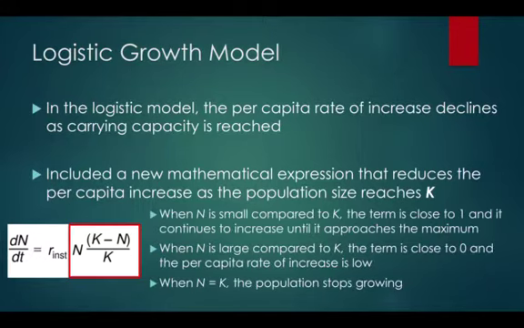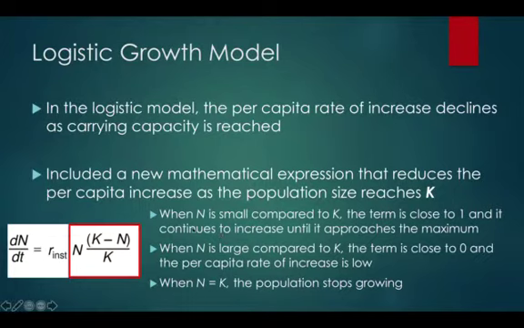So, what does this part of the equation mean? When N is small compared to K, the term is going to be close to 1, and it continues to increase until it approaches the maximum. When N is large compared to K, the term is close to 0, and the per capita rate of increase is low. When N equals K, the population stops growing.